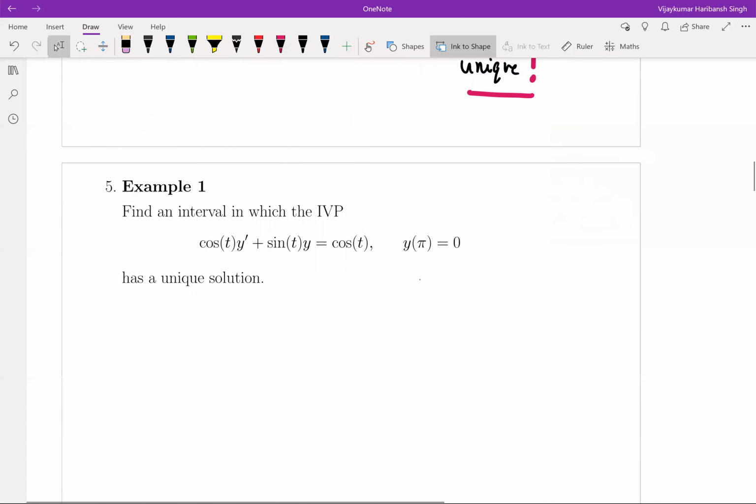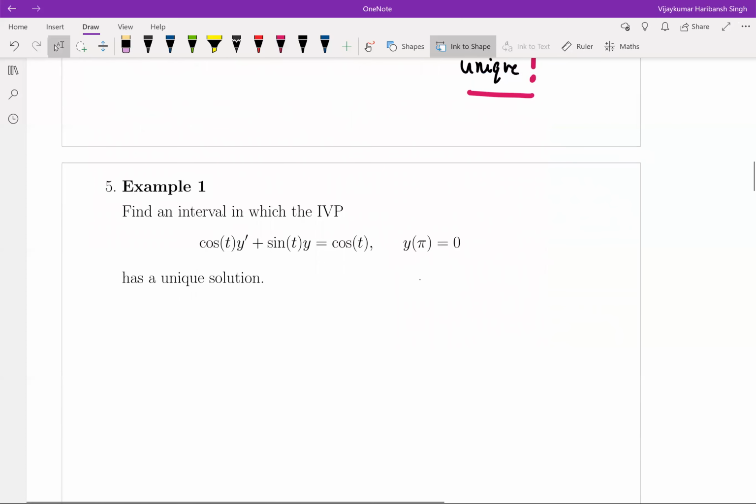Okay, let's look at a problem now. Find the interval in which this initial value problem with y of pi equals 0 has a unique solution. So first of all, we'll convert the differential equation into standard form.